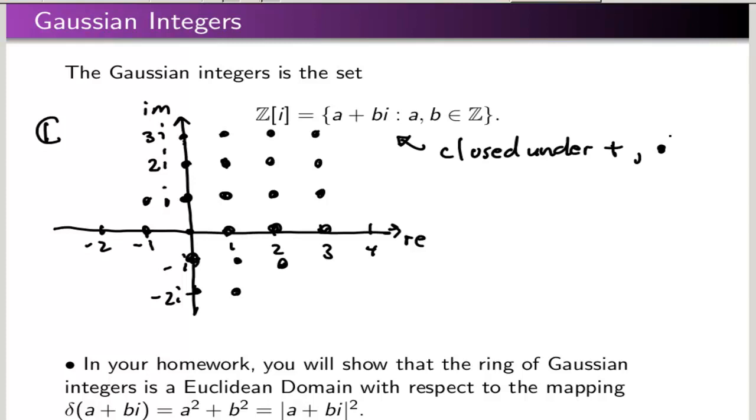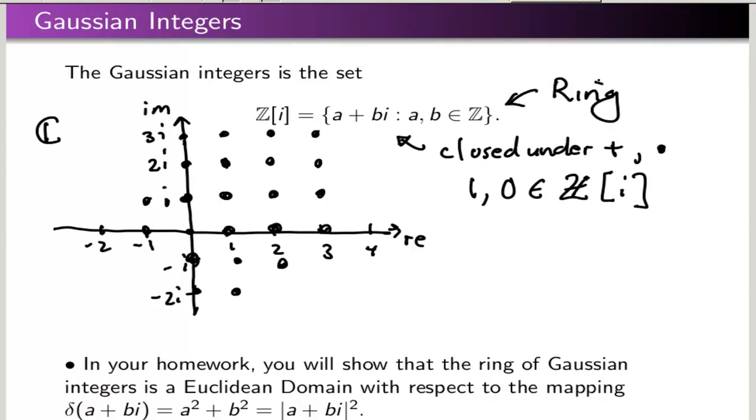It contains the identity elements. 1 is an element of this, and 0. They're both Gaussian integers. Okay, so this is a ring. And plainly, it has no zero divisors, being a subset of the complex numbers. And so it's an integral domain.